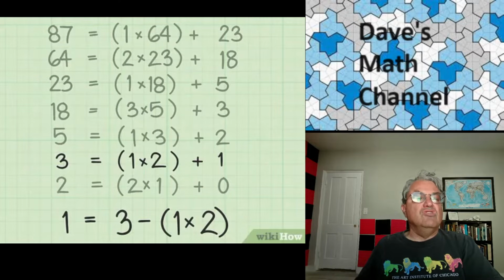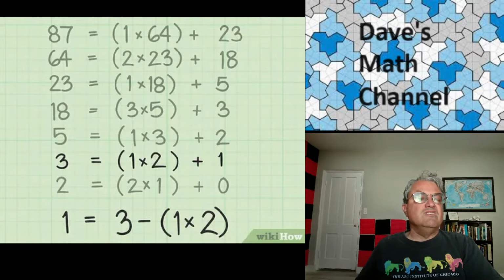You use Euclid's algorithm. You write 87 as a multiple of 64 plus a remainder; you just keep dividing and finding the remainder. So 64 goes into 87 once, leaving a remainder of 23. Then you have 64 is 2 times 23, plus a remainder of 18.